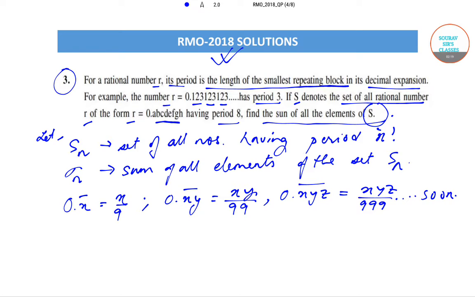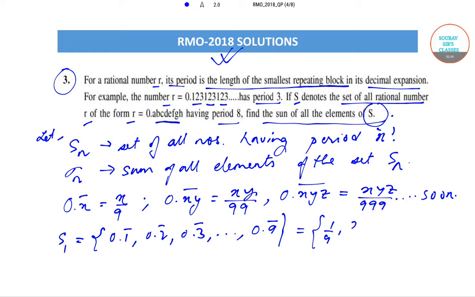Now let us concentrate on the set of numbers having period 1. S1 will have the numbers 0.1 bar, 0.2 bar, 0.3 bar, and this goes on up till 0.9 bar. We can write these numbers as 1 by 9, 2 by 9, 3 by 9, and so on.